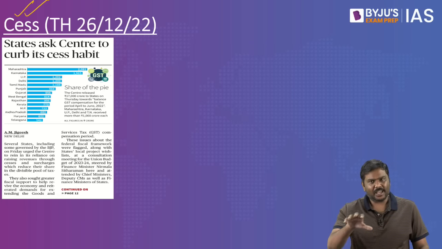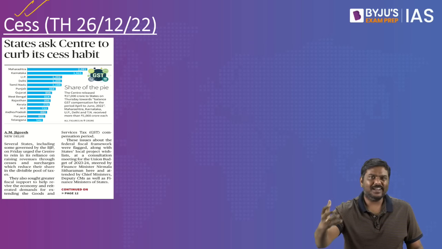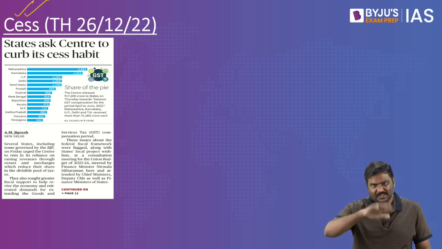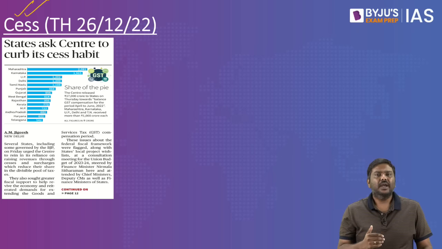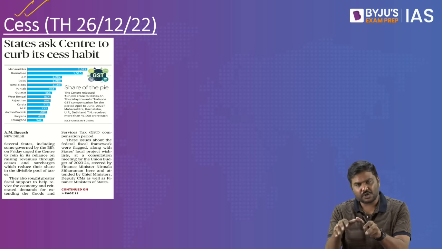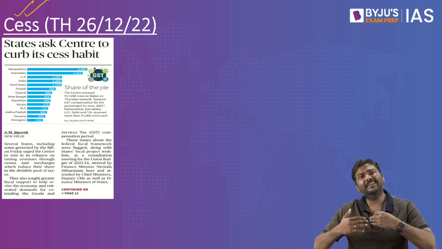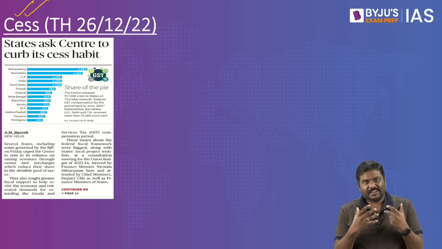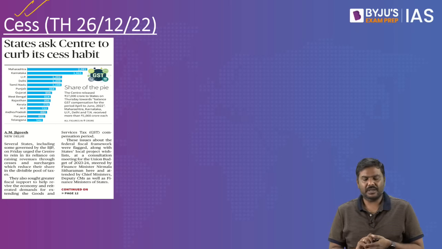So cess is a type of tax which is imposed and collected by the government. But the speciality about either the cess or surcharge is that it is entirely the decision of the Government of India either to distribute part of it or keep the entire amount with itself. I hope you understand this. Right? The central government, imagine, I'll take a very simple number here.